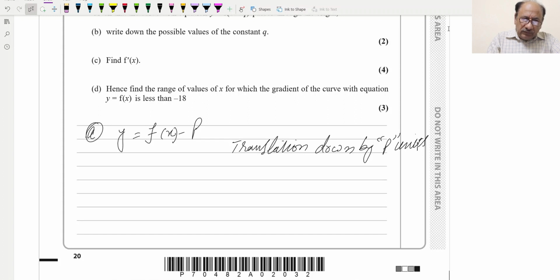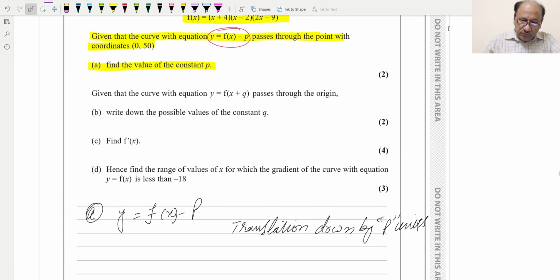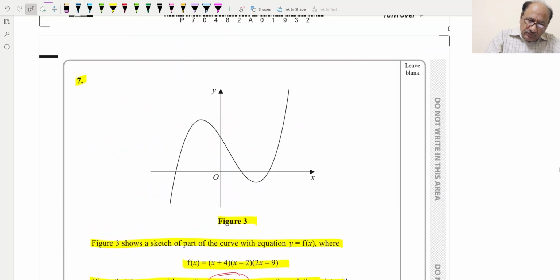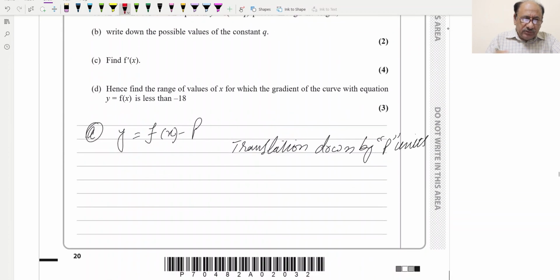Now for the value of p, what we can do, we can check for this point where x is equal to 0 on the y-axis.